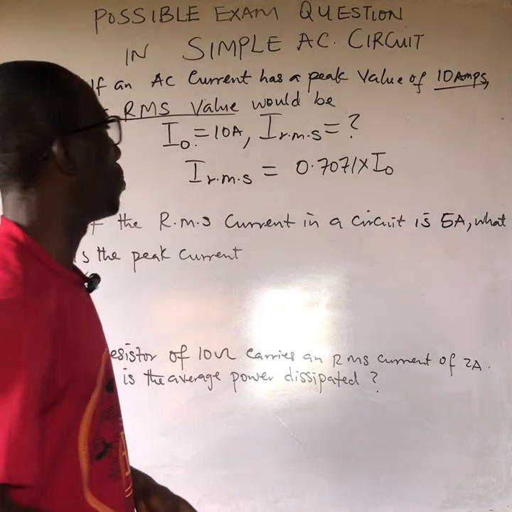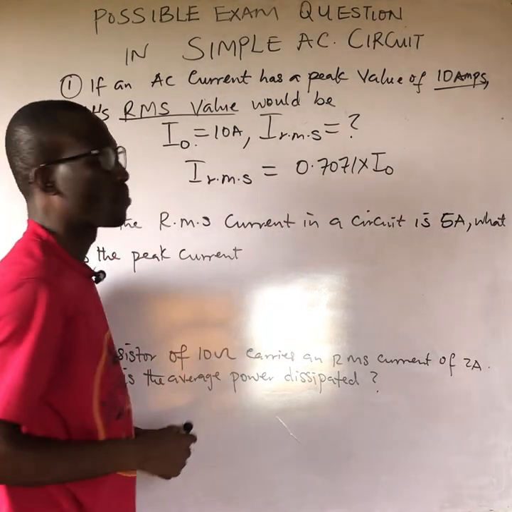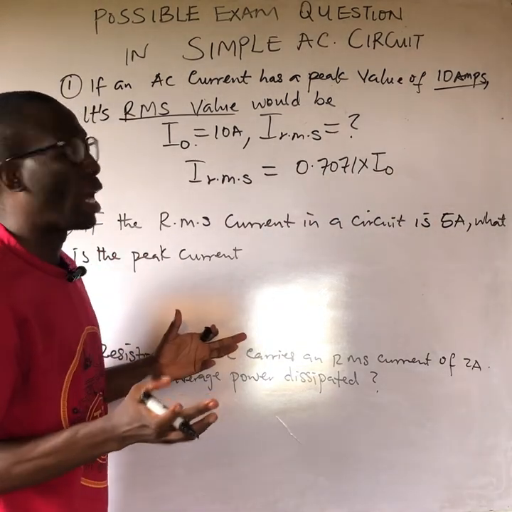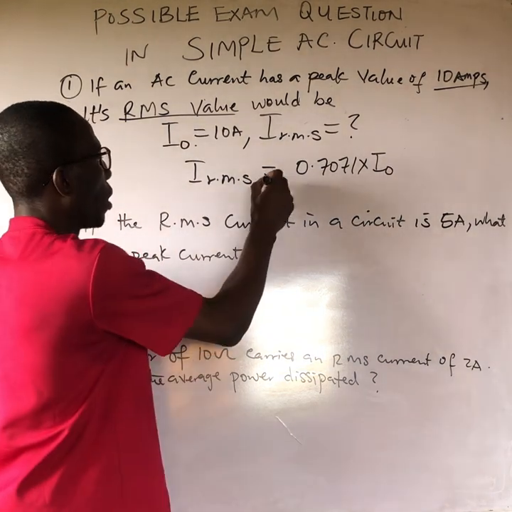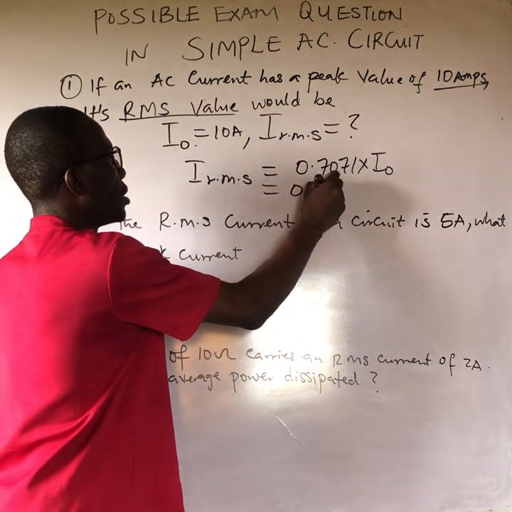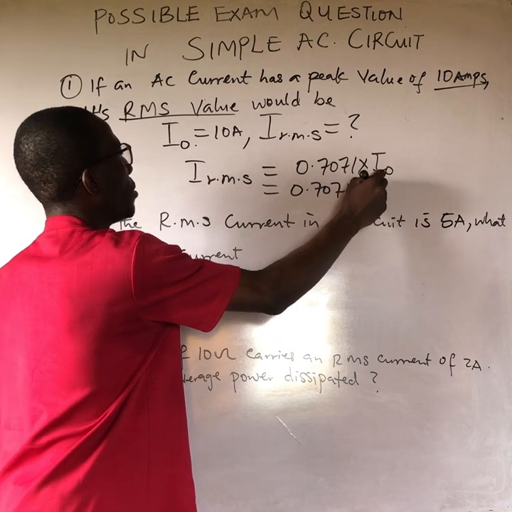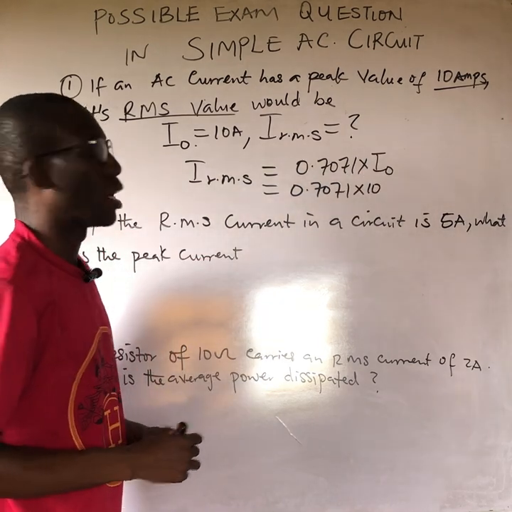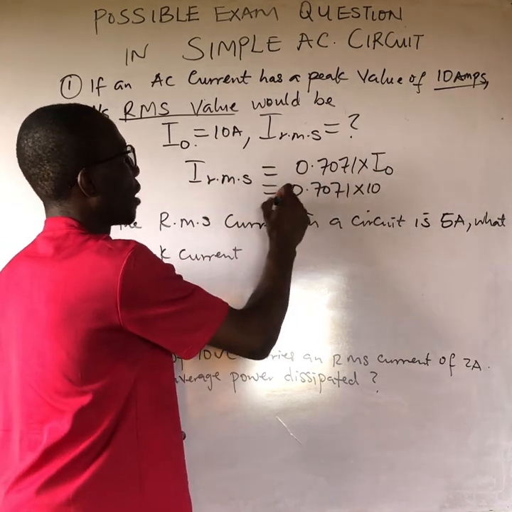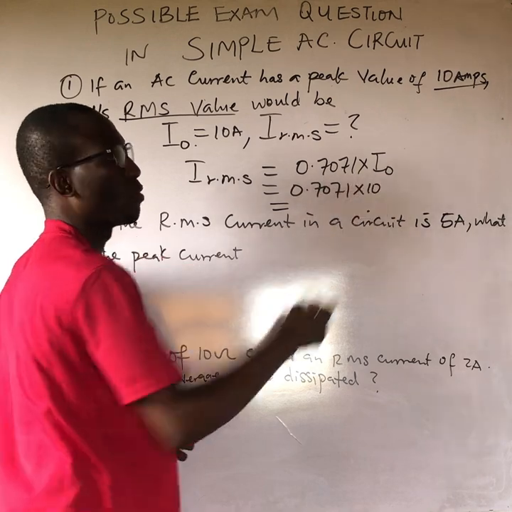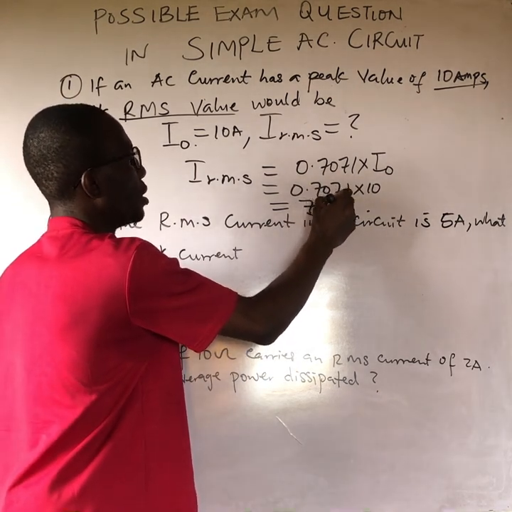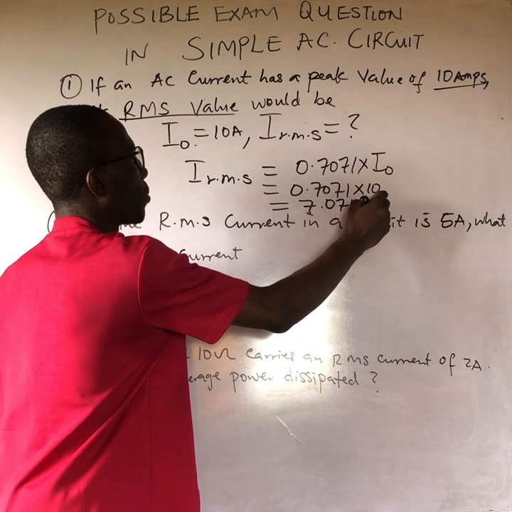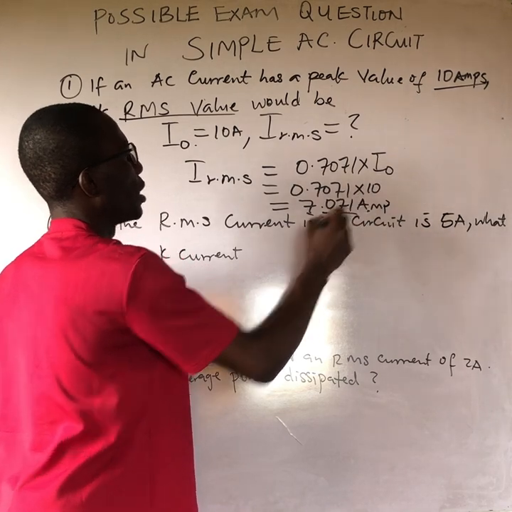I'm given the peak current as 10, so I'll input it there: 0.7071 times 10 will give you 7.071 amp.